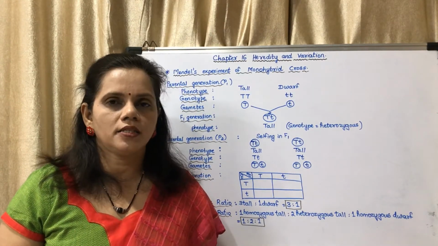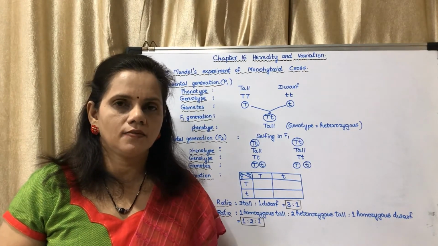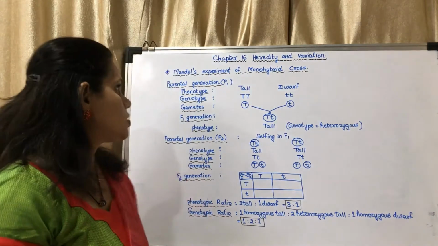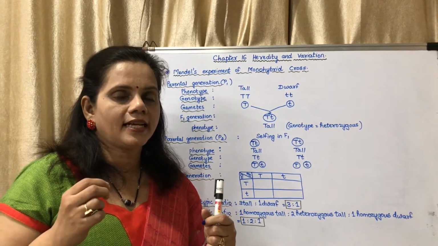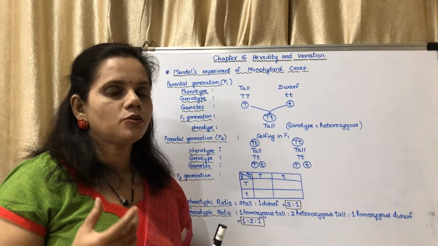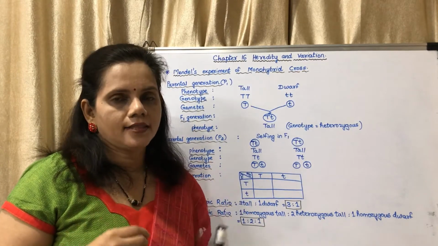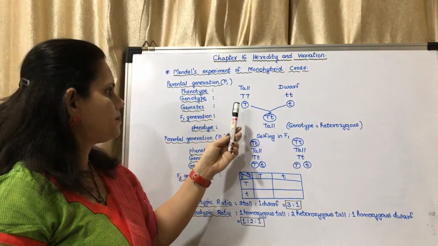He took 2 plants which were homozygous. Homozygous means both the genes were the same. So that is said to be the parental generation P1. The plants which he selected, one male plant and another female plant. That means which is having a male flower and which is having a female flower. So parental generation P1.